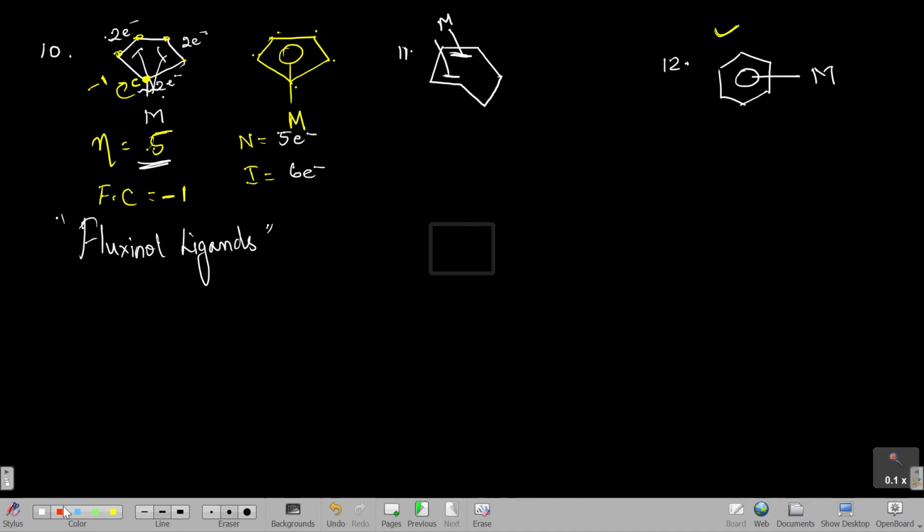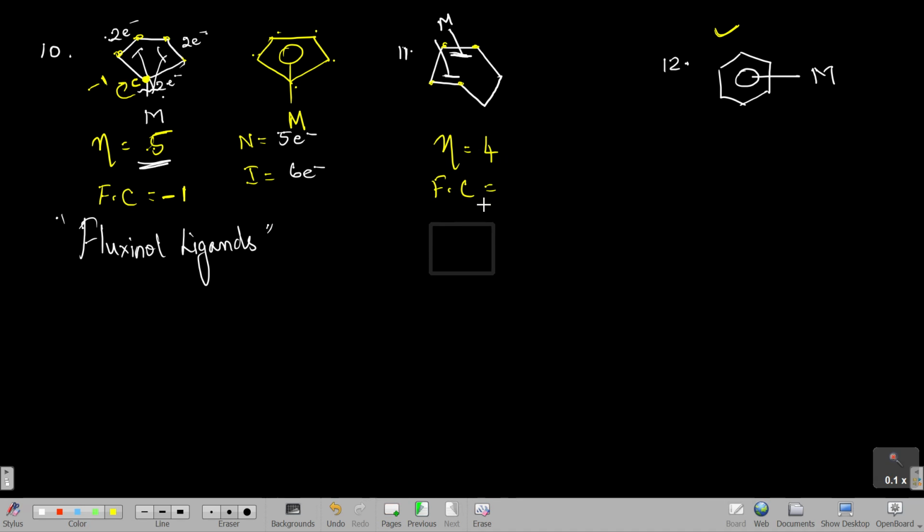Now, come to this part. You need to find out the hapticity. Basically it is a 6-membered ring only in a different configuration. So, how many donor atoms are present? 2, 3, 4. So, eta is equal to 4. Now, formal charge.